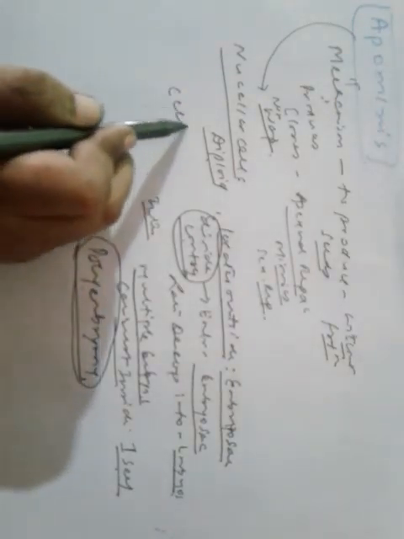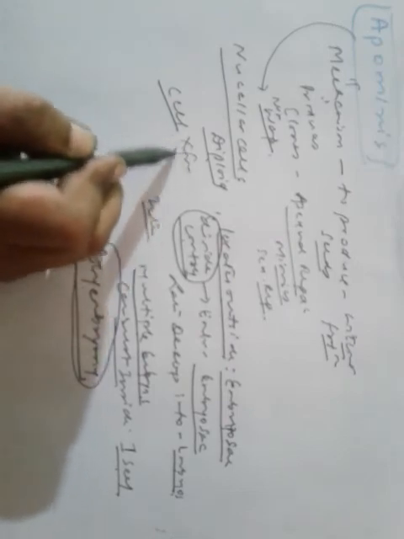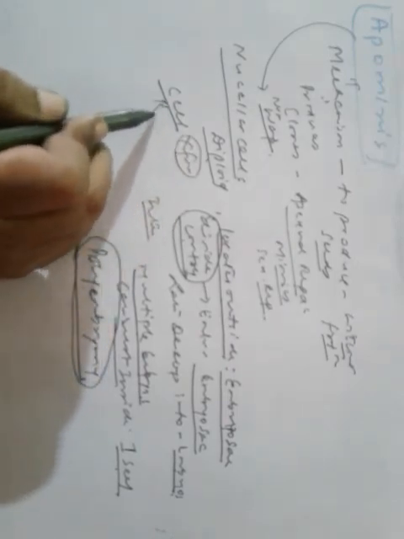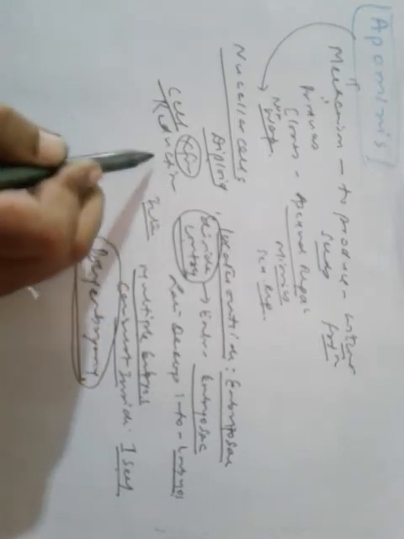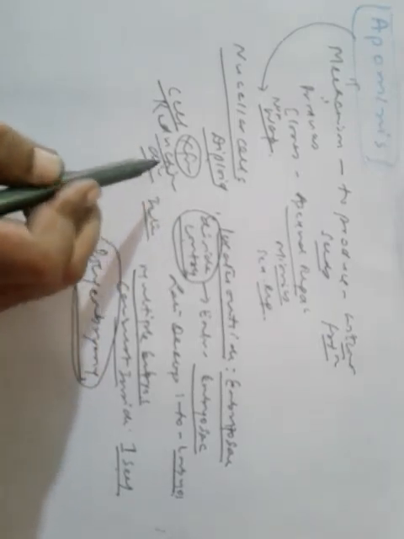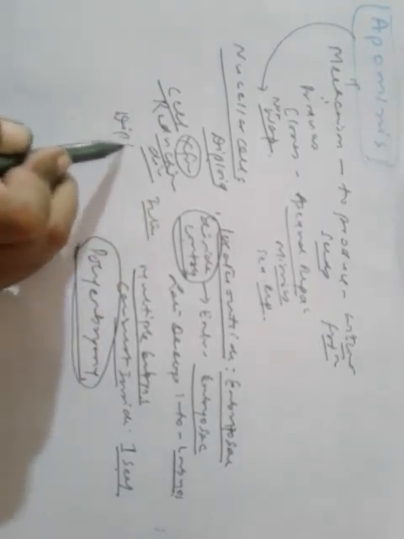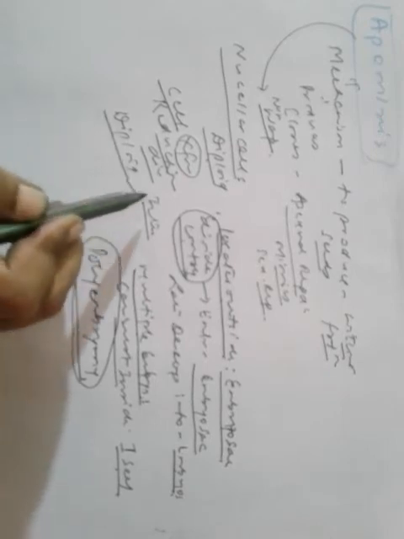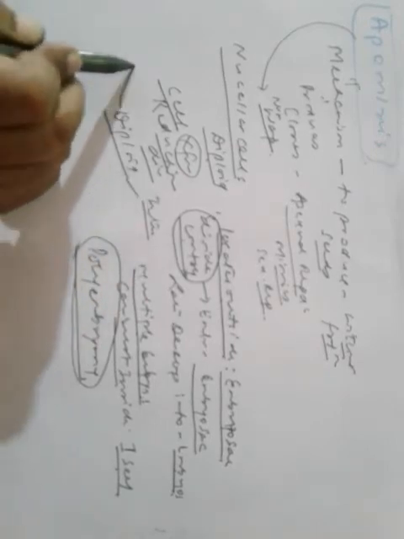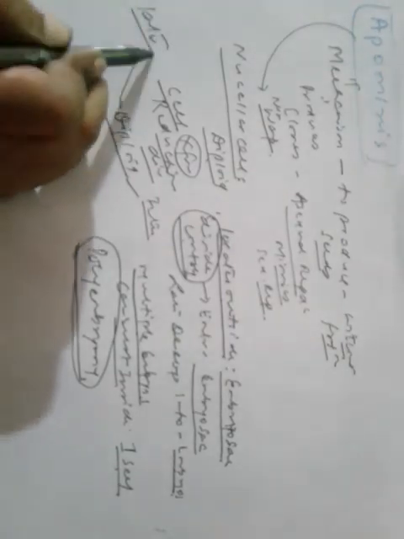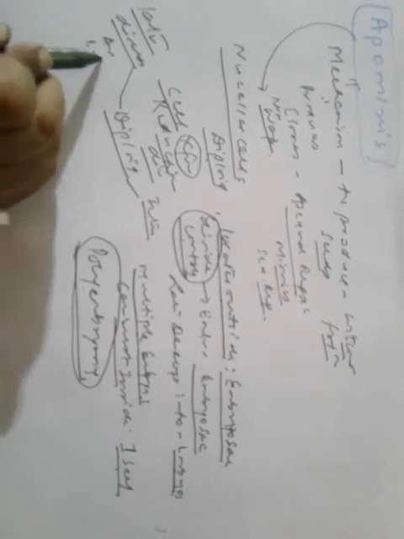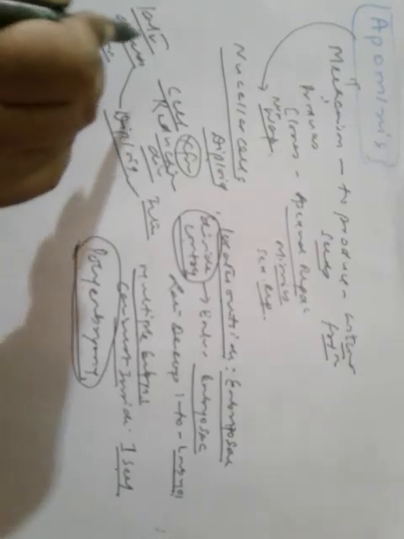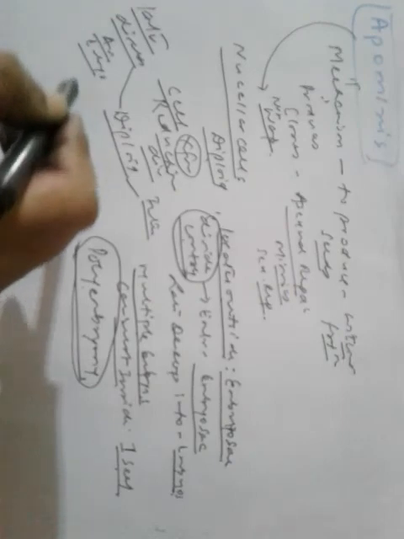Sometimes the egg cell is not formed due to reduction division. If it is not formed due to reduction division, that means it will remain diploid. This diploid egg cell, what does it do? It later directly develops into an embryo.